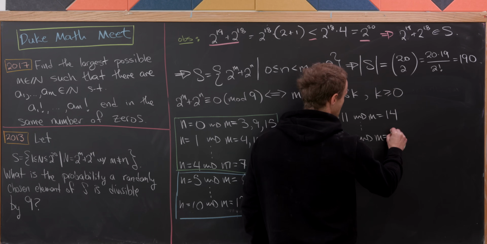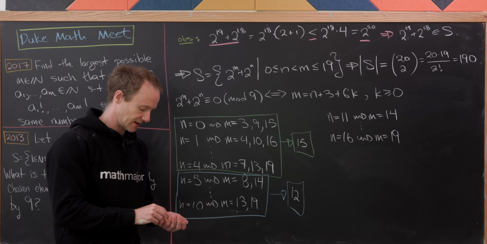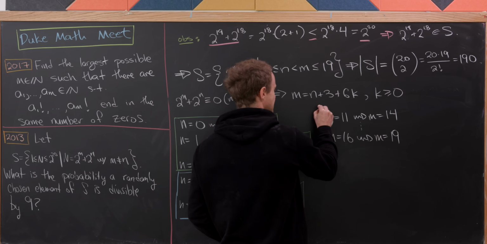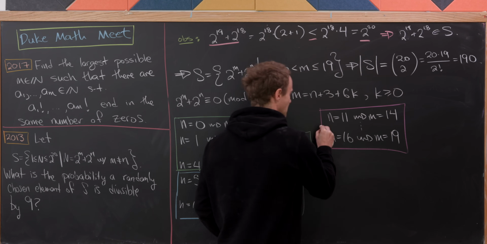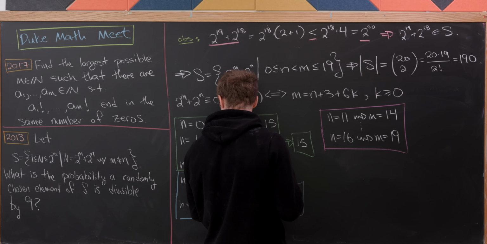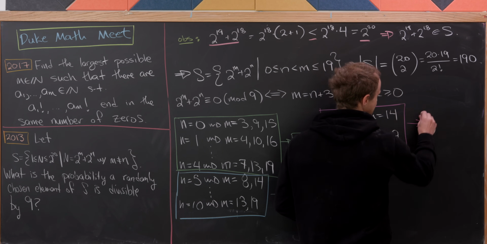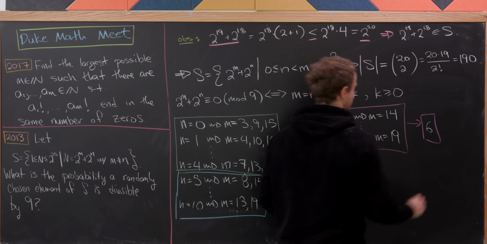And 16 corresponds to a possible m value of 19. Okay, so how many possibilities do we have here? Well, we can just count from 11 to 16. So that's going to give us exactly 6 possibilities.